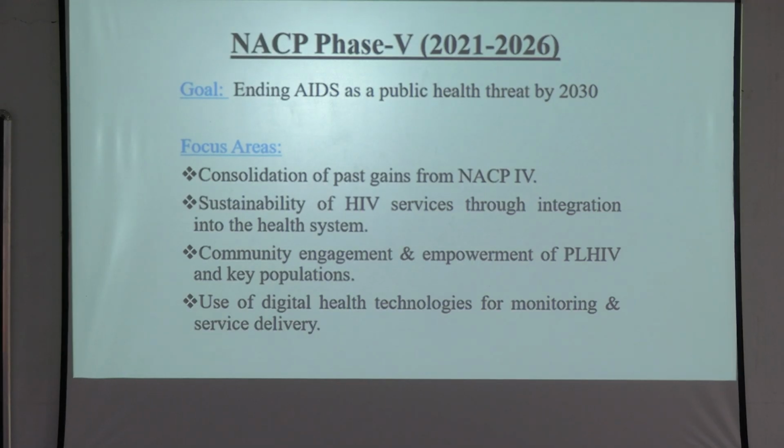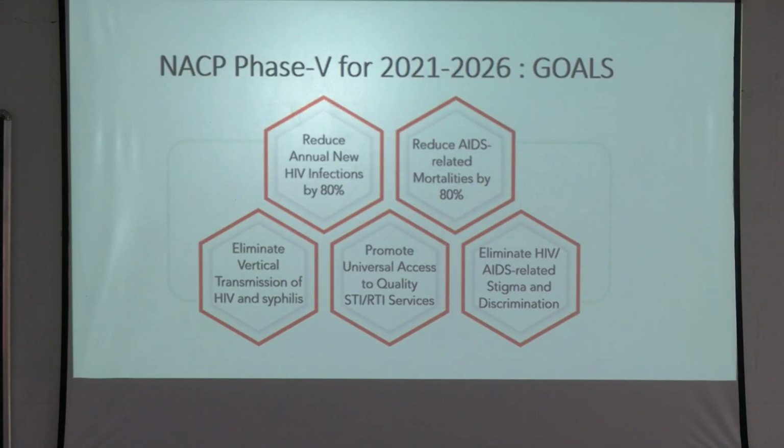Before that, we only had telehealth services regarding STIs and HIV. But now we are using digital health technologies, which is nothing but smartphone applications and keeping an online database. Okay.